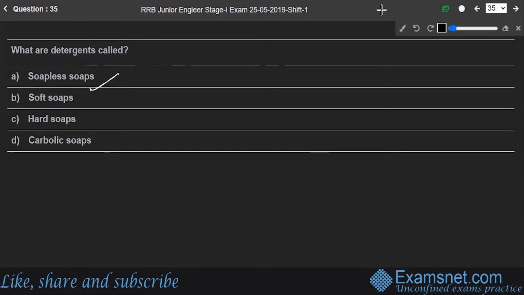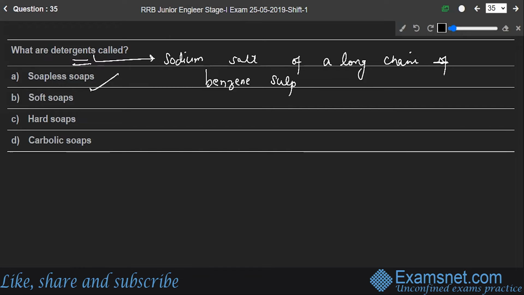A detergent, which is also called a synthetic detergent, is the sodium salt of a long chain benzene sulfonic acid, or the sodium salt of a long chain alkyl hydrogen sulfate, which has cleansing properties in water.